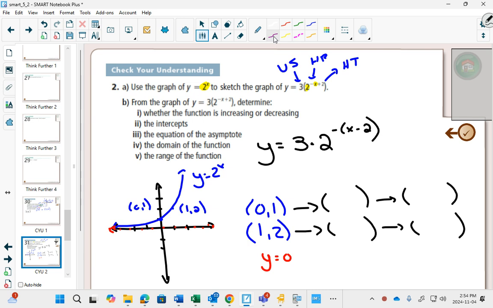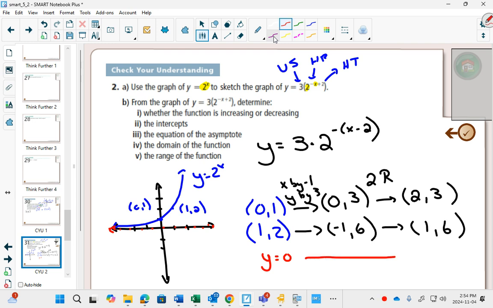So here we have x by a -1 and y by a 3. And the only translation is going to be 2 to the right. So we're going to get (0, 3), (-1, 6). 2 to the right will give us (2, 3) and (1, 6).